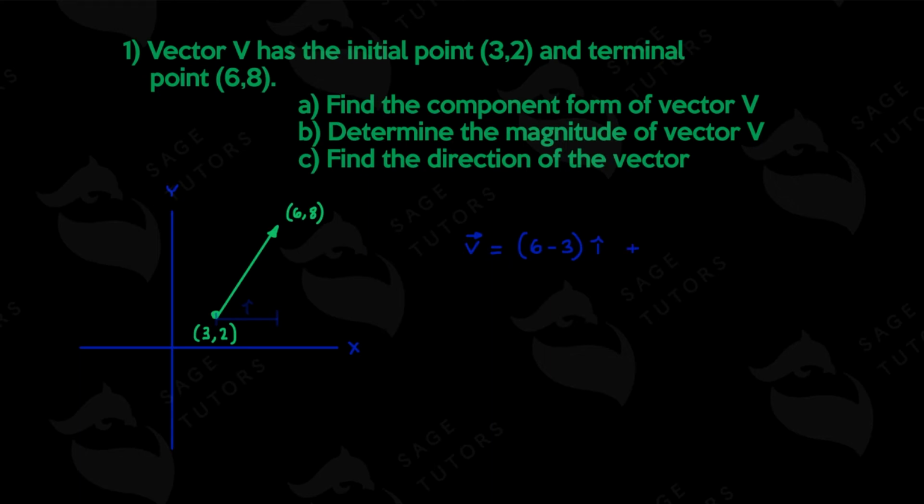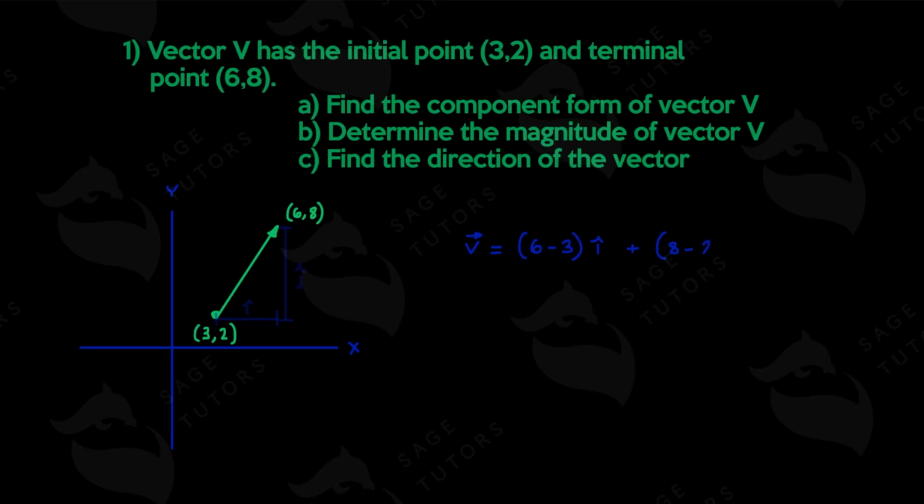We can do the same with the vertical, or y, values of these points. The terminal point has a y value of 8 and the initial point has a value of 2. We can subtract these values to get the vertical component, which would be represented right here.